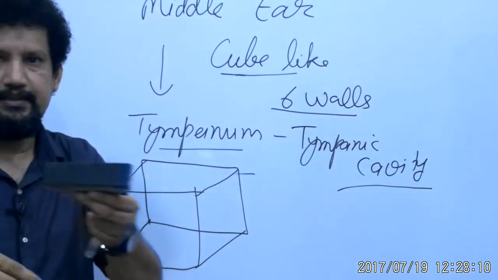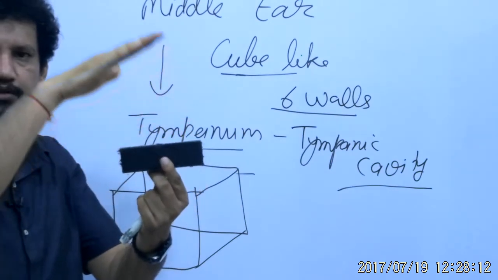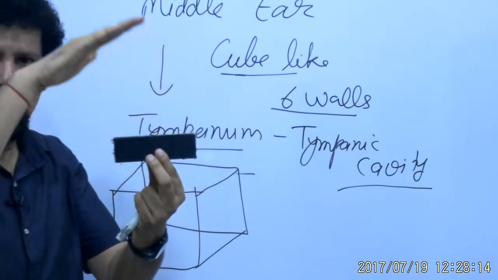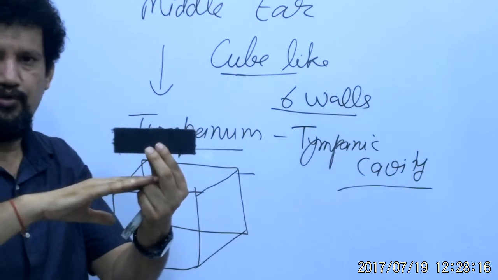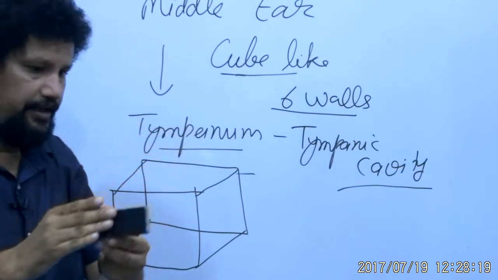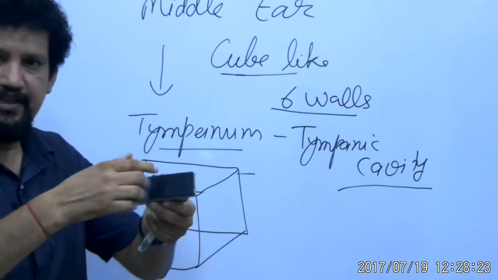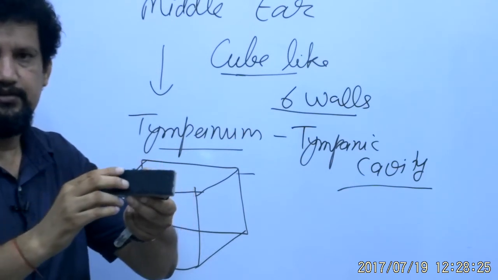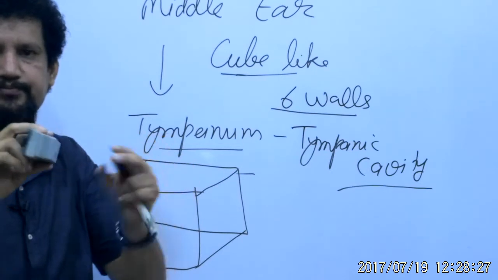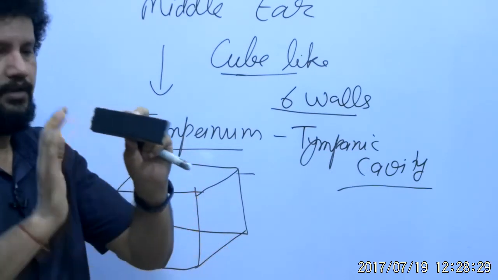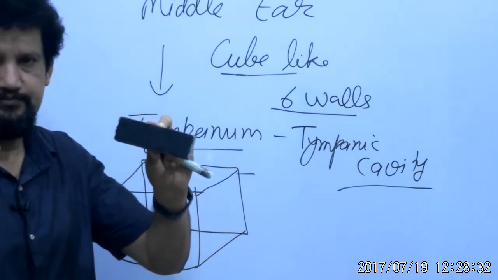So we can see here clearly the superior wall or the roof, the inferior wall or floor. If I consider this wall as the lateral, so this is the medial wall, the anterior wall and the posterior wall.